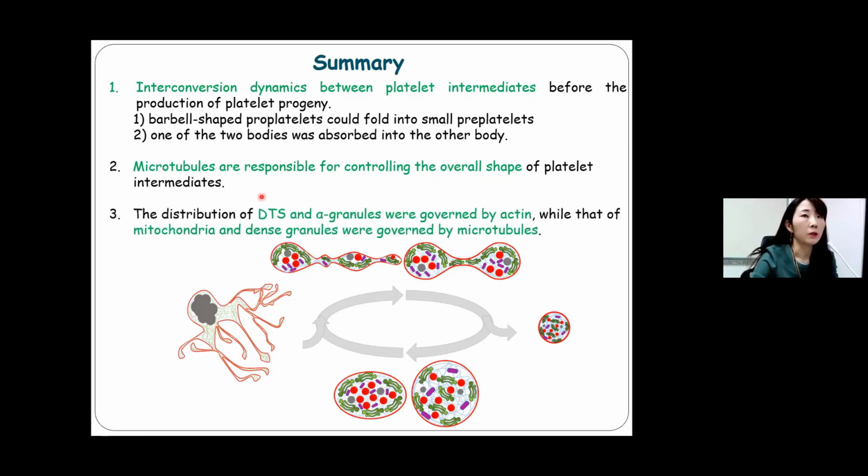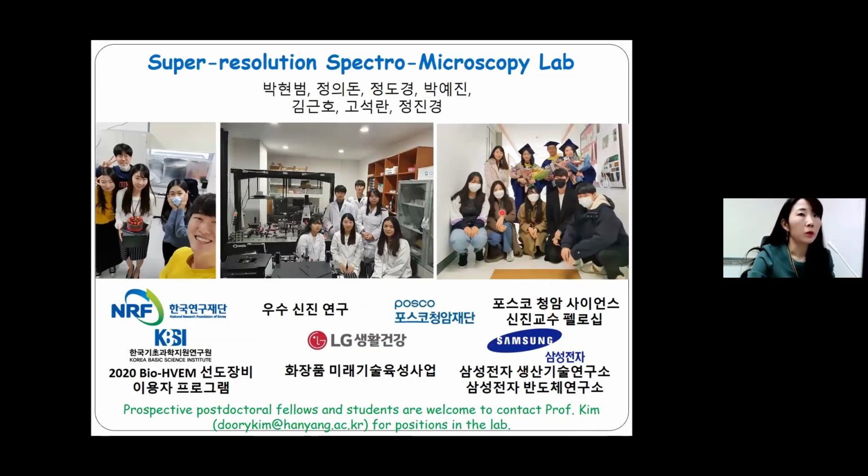And from the study of the effect of the cytoskeletal elements on the distribution of organelles, we found that the distribution of DTS and alpha granules are governed by the actin, and the mitochondria and dense granules are governed by microtubules. So this is all for today's presentation.